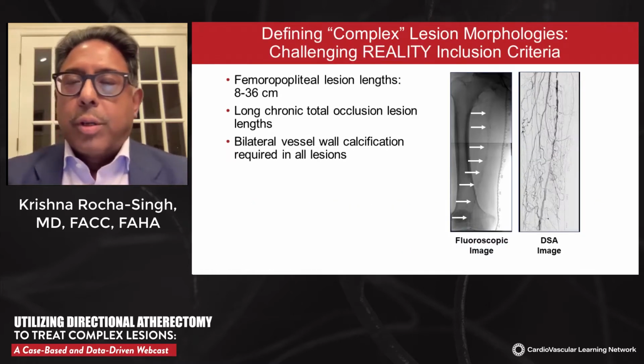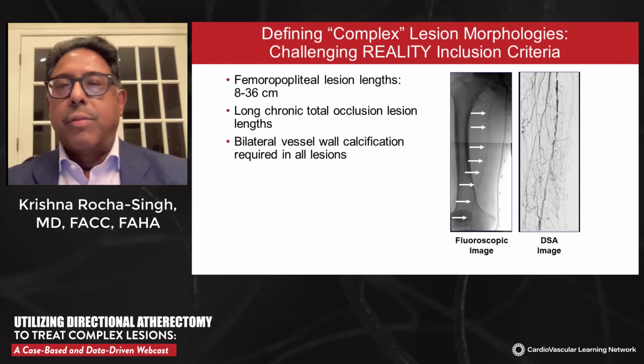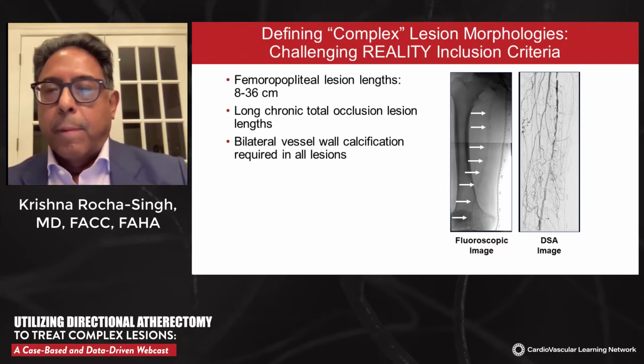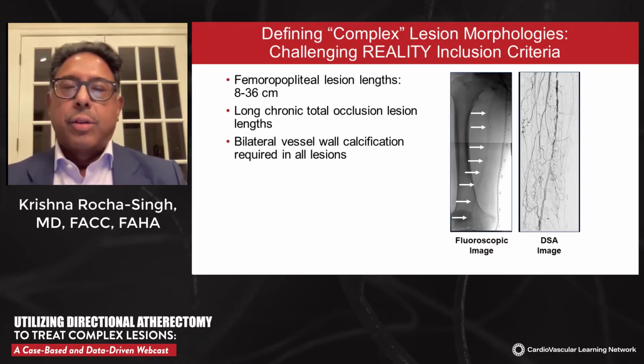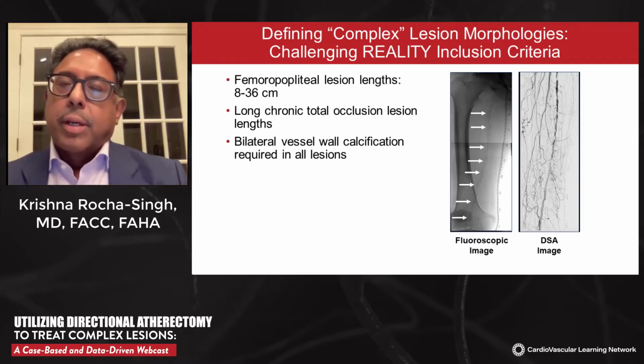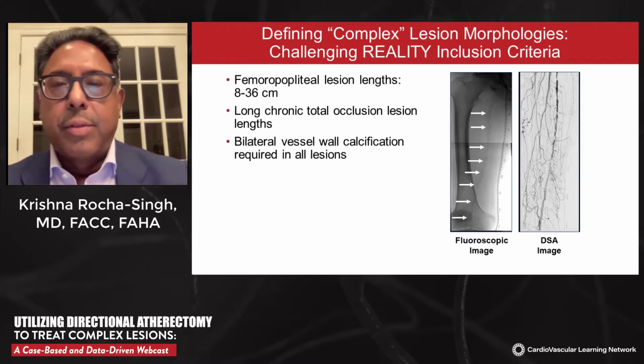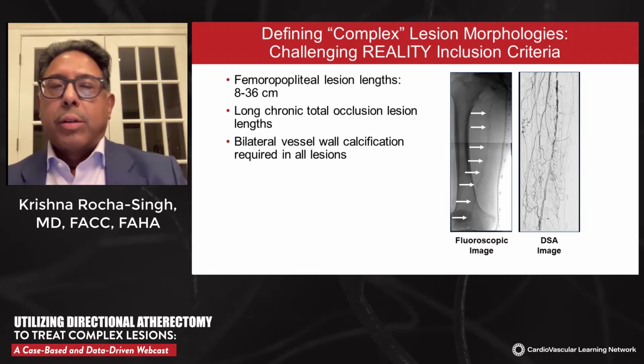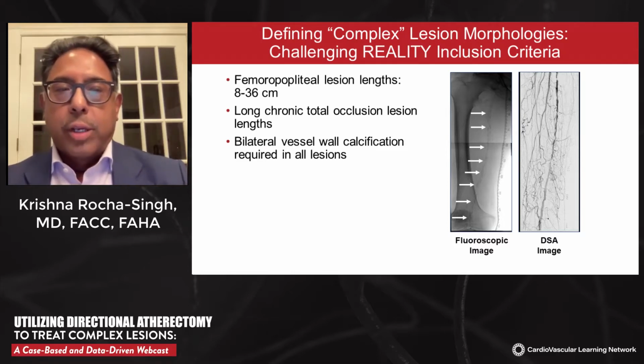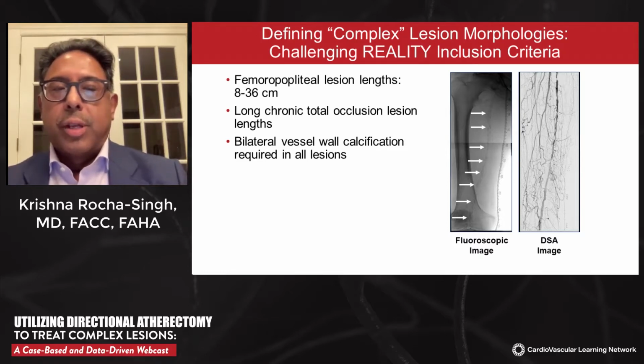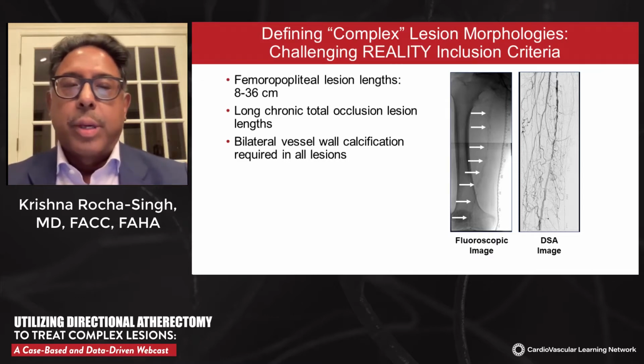The use of the words complex, severe, and heavy as they pertain to calcification was an immediate challenge in designing this trial. We wanted to look at clearly long lesions, and we enrolled lesion lengths from 8 to 36 centimeters.